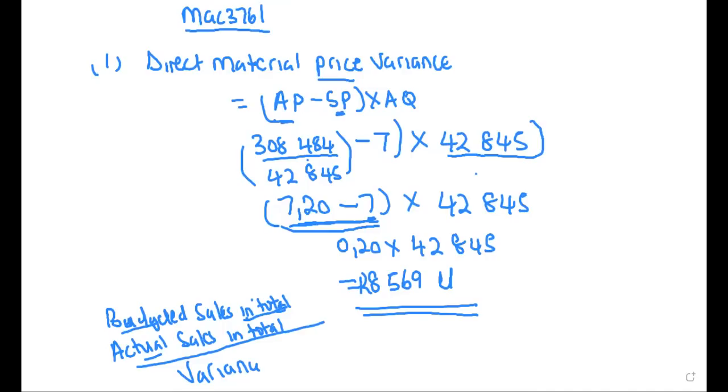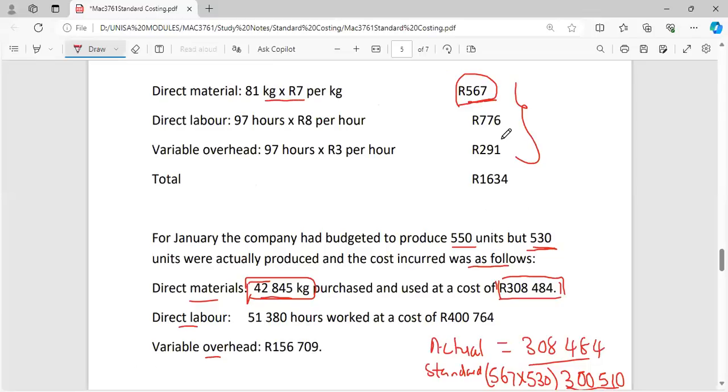Let's just check again. Because this 567 is for per unit of what was manufactured. Am I right? So that is going to be the standard, and this is going to be the actual. Why is it not coming to the same figure? It's not working, it's not giving us the same figure. So it means it doesn't work.